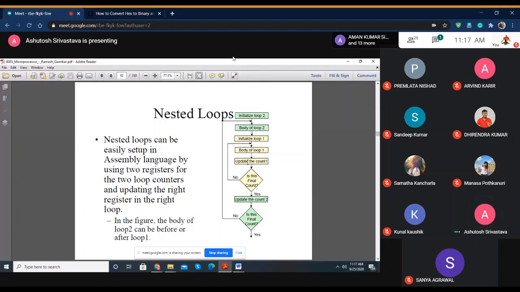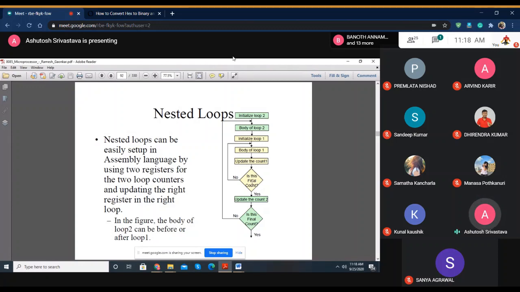and then there is an update of the count, which can be either incremental or decremental.